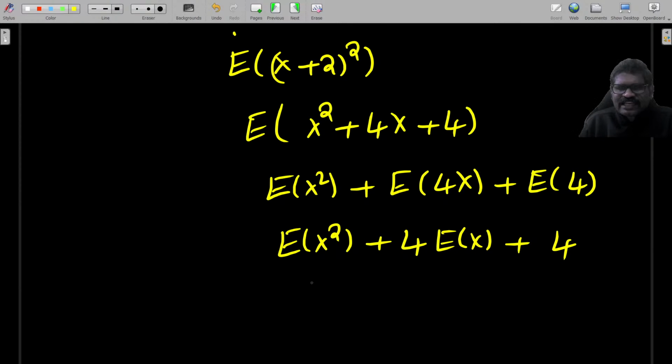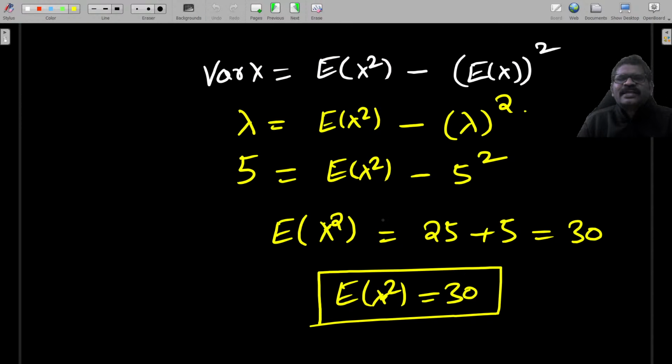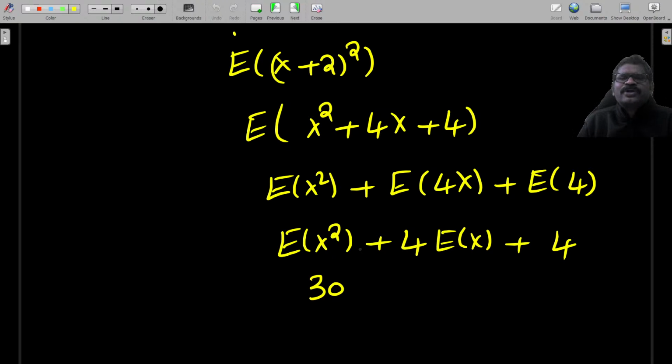Expectation of x square is 30, as we just calculated, and E of x is 5.